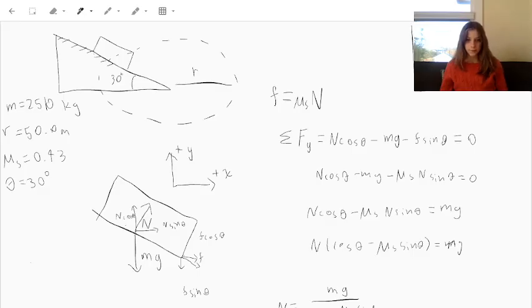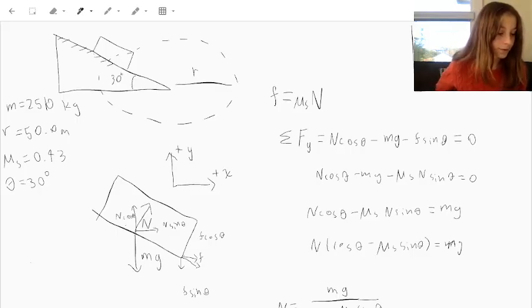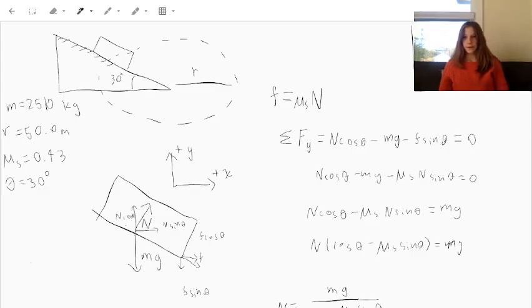Let me check I have everything there. Yeah. Cool. And now we've made this equation into something a lot more useful.